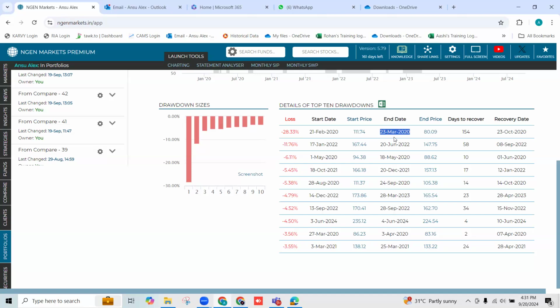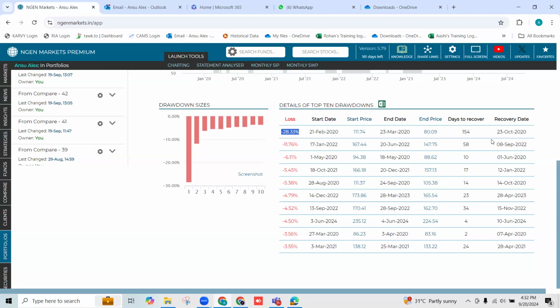And post this end date of 23rd March 2020, it took a total of 154 days for this portfolio to recover, meaning 154 days to cross this start price of 111.74. Only then we could say that the portfolio has completely recovered from this loss of 28.3%.